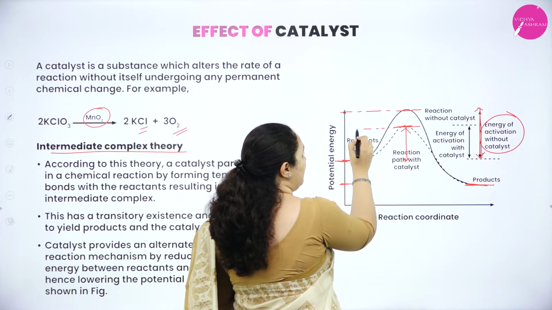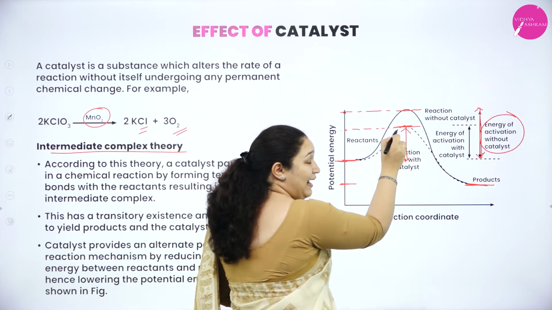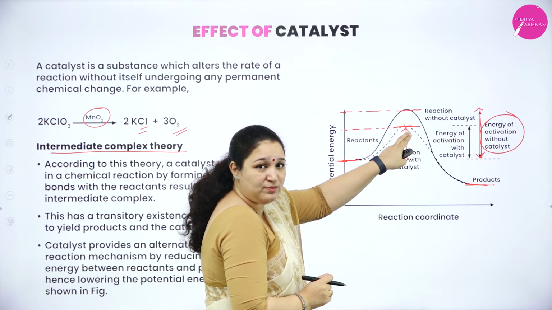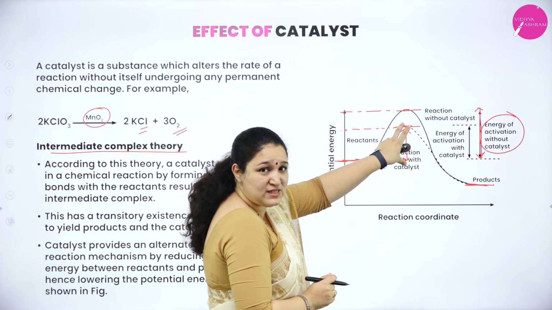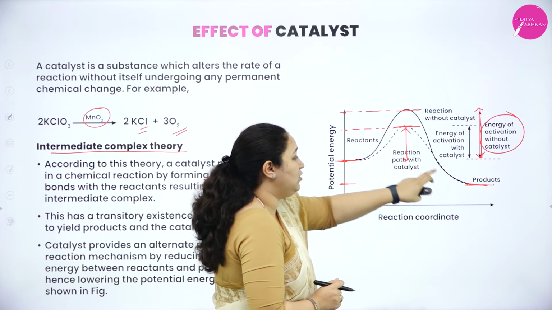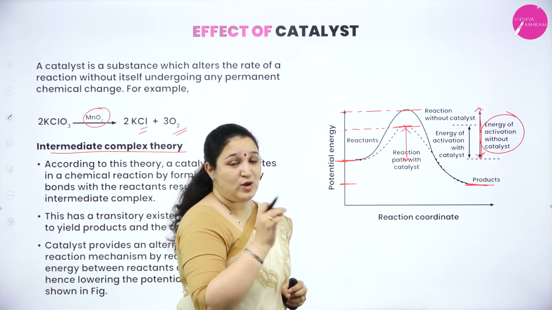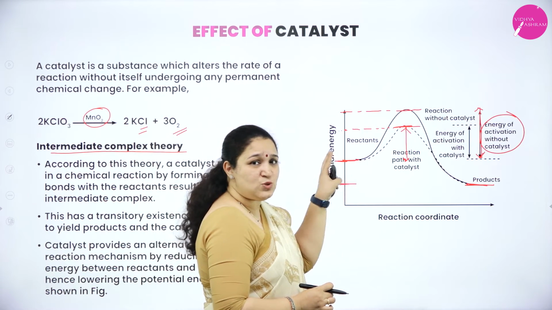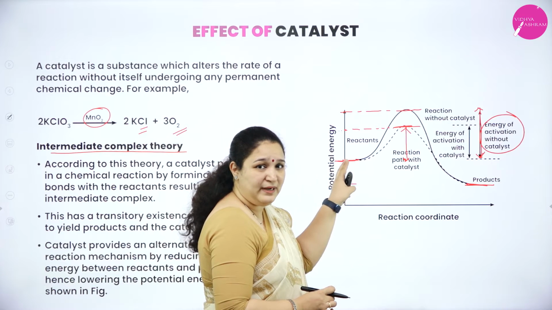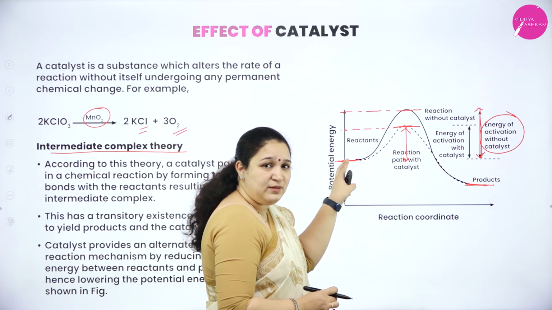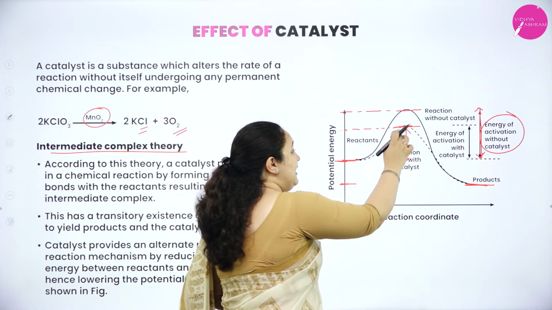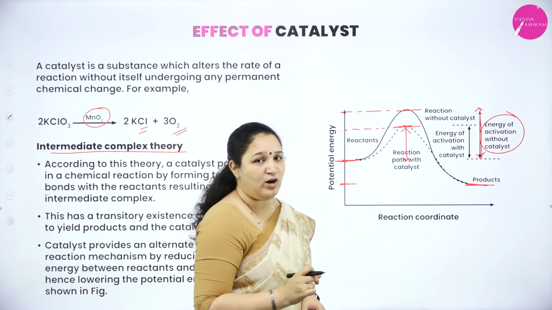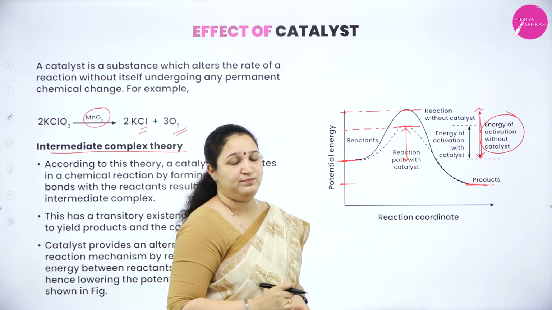If it comes up to this level for that particular intermediate complex, this is the threshold energy, and that is sufficient to form the products. So I'll repeat, when I add a catalyst, the catalyst with the reactants will form an intermediate, and that intermediate complex has a lesser threshold energy level and it will form products very easily.